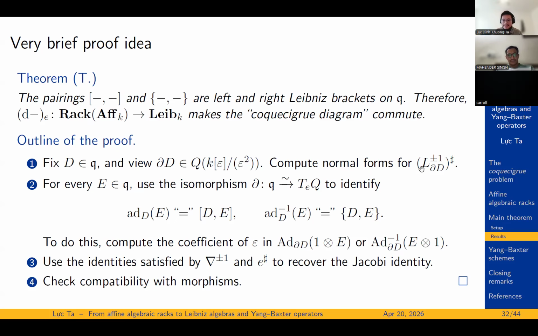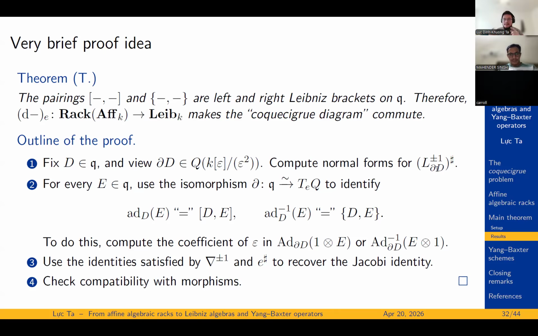Using that, I can compute normal forms for these maps. If you look at these as R points of Q, then those induce some k-algebra isomorphisms or automorphisms, L partial D, that are related to the left multiplication maps from earlier.